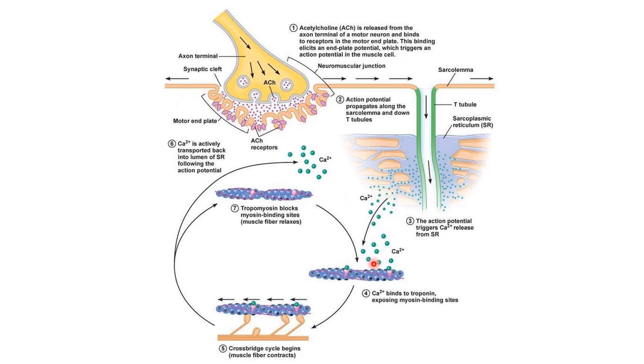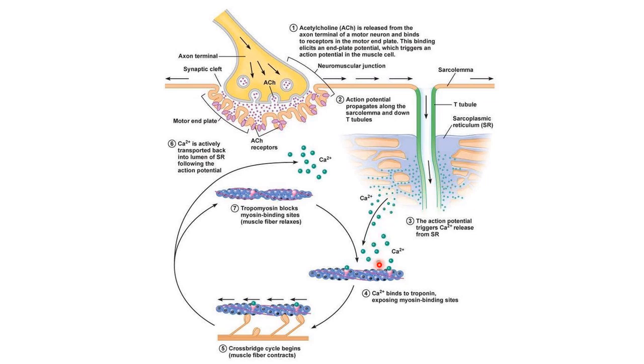This is the mechanism of muscle contraction. So acetylcholine will be released. It will bind to acetylcholine receptors. Na positive gated channels will open. That will result in sending the action potential to the T tubules. From there, it will trigger the release of Ca2 plus ions from the smooth endoplasmic reticulum.